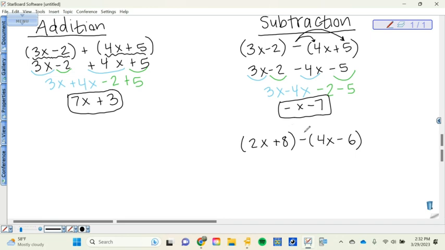Distribute the negative sign to all the terms in that second polynomial. So first one stays the same, 2x plus 8. And then we do minus 4x. And then this part becomes minus -6.